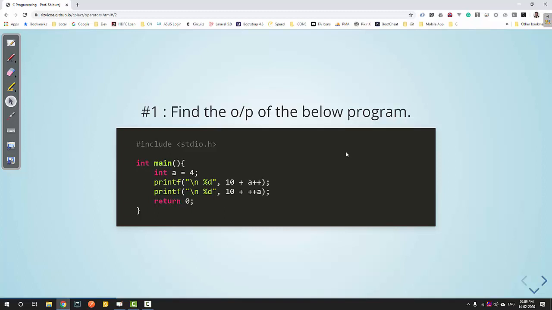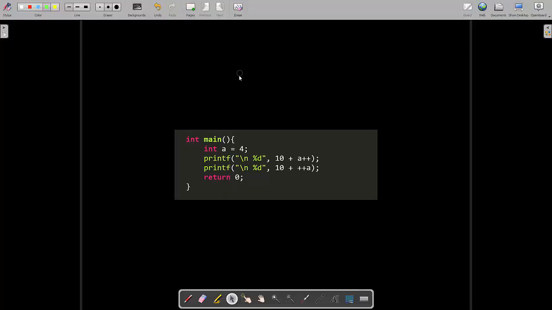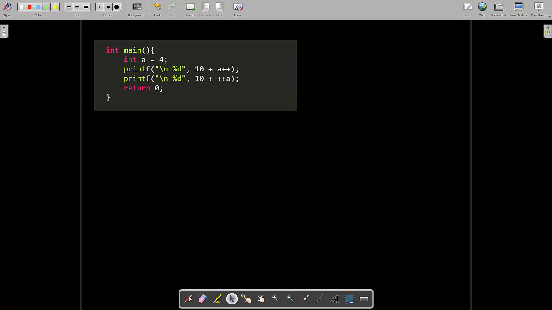So now basically in this program I will just take a snapshot of this. So I have this in my board. Now how to solve such kind of problems?